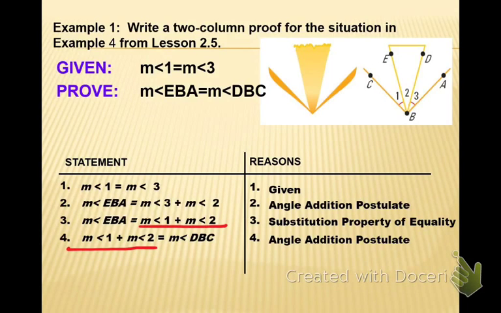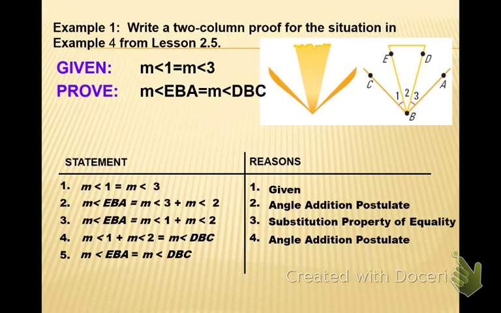So if EBA equals the measure of angle 1 plus angle 2, and DBC equals angle 1 plus angle 2, what can we say about those two angles? Gage? EBA is equal to DBC. Yeah, that would be our next step. We would say the measure of EBA equals the measure of DBC.